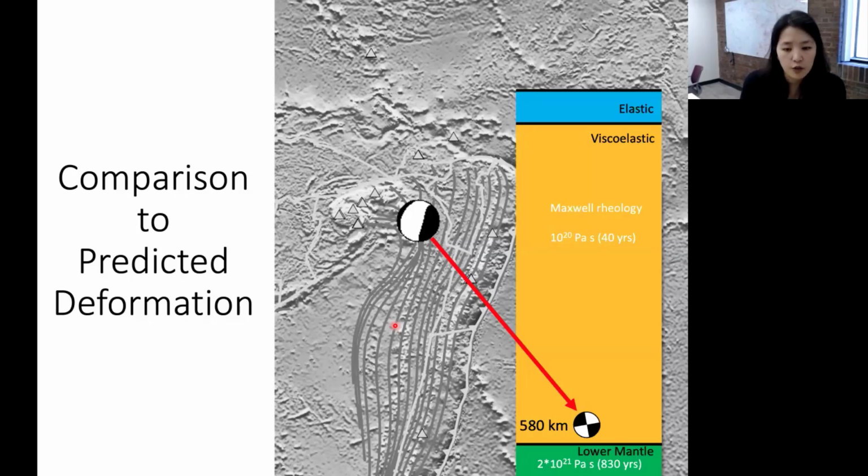And here we have lower mantle that's about 20 times stronger than the upper mantle, which is, again, a typically used value. Note that we are using a simple linear Maxwell rheology here. So in parentheses, you are seeing the Maxwell time as reference here.